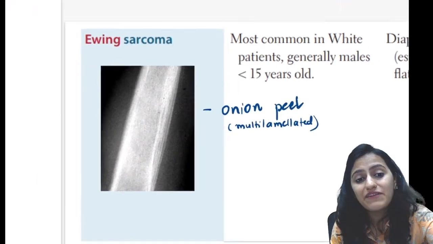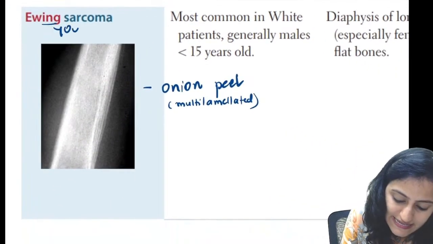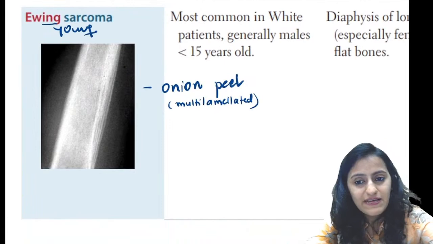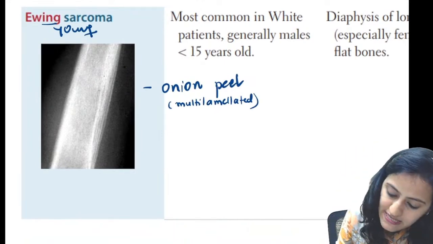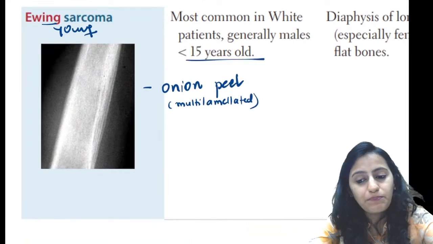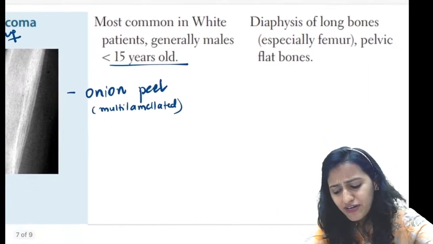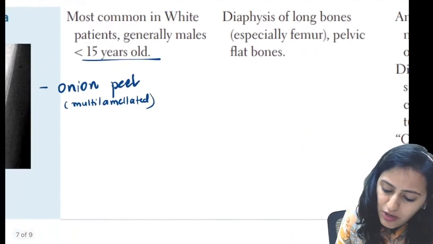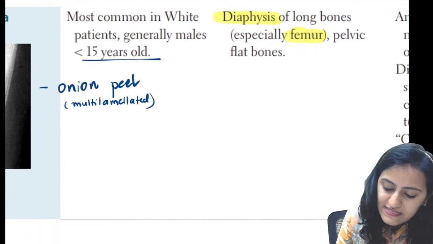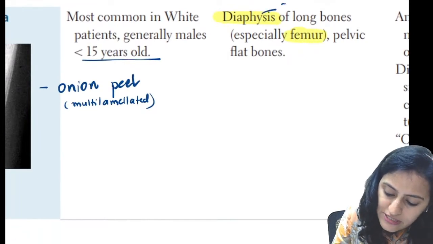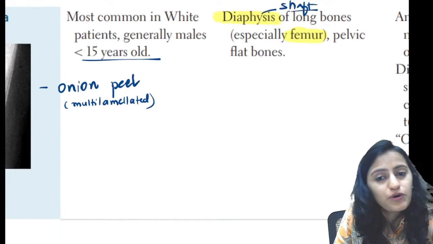What is the Ewing age group? Ewing is young. Ewing, young. Okay. So basically less than 15 years old boy, first decade. Very, very important. Remember, it involves the diaphysis. Femur is very common. So that means the shaft of the bone is involved.